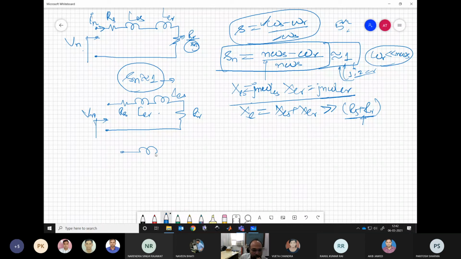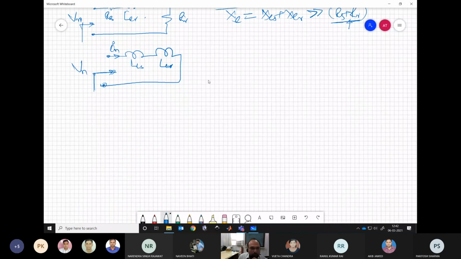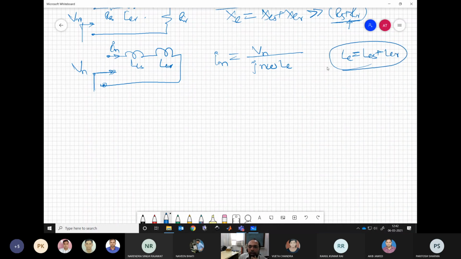Finally we are left with only the leakage inductances in the equivalent circuit. Then the job is simpler. We can write our In very simply as Vn by j n omega LL, where LL is the sum of both the leakages, LLS plus LLR.